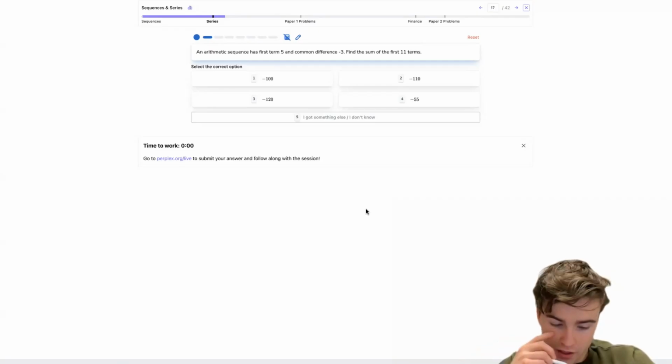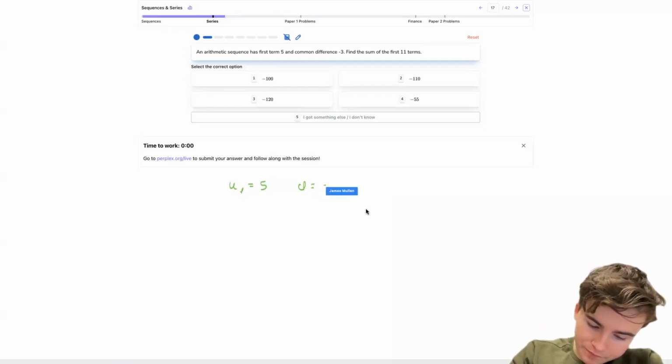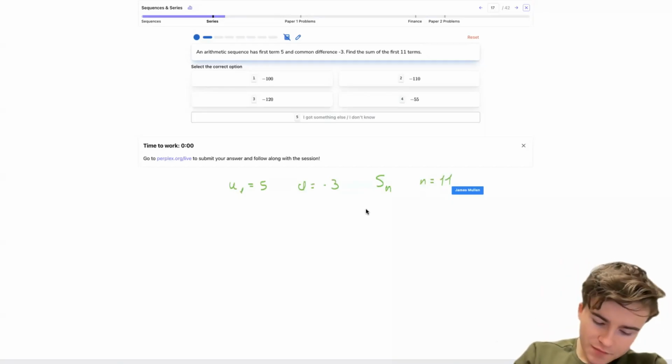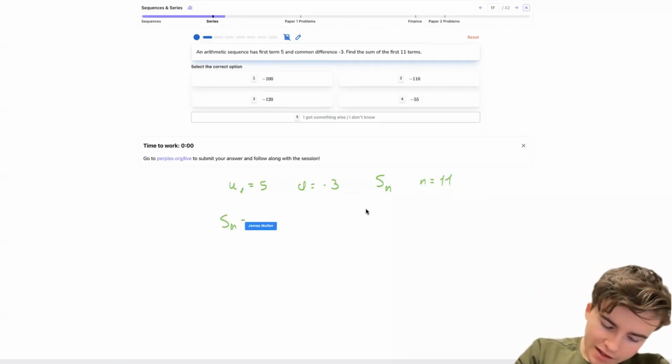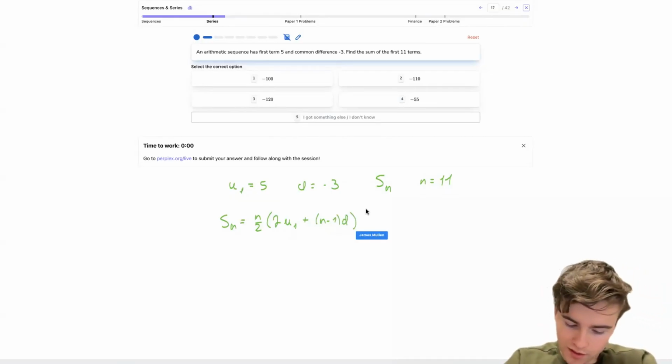Okay, time is up. I have a first term, u1 is equal to 5, and a common difference d is equal to minus 3. I want to find the sum of the first n terms, where n is equal to 11. So I'm going to use the formula Sn is equal to n over 2 times (2u1 plus (n minus 1)d). This is in your formula booklet.